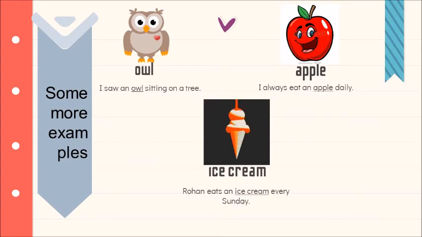Some more examples of words starting with vowels. Owl. I saw an owl sitting on a tree. Apple. I always eat an apple daily. Ice cream. Rohan eats an ice cream every Sunday.